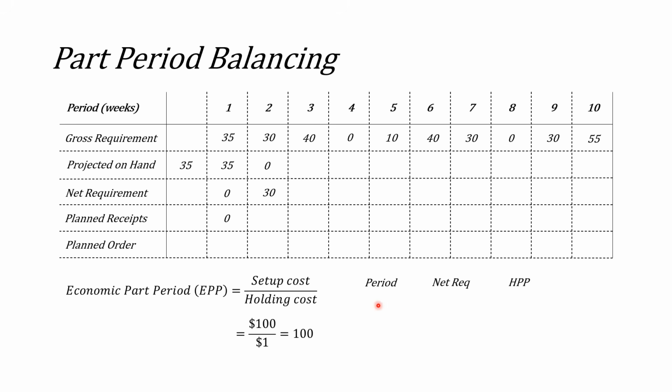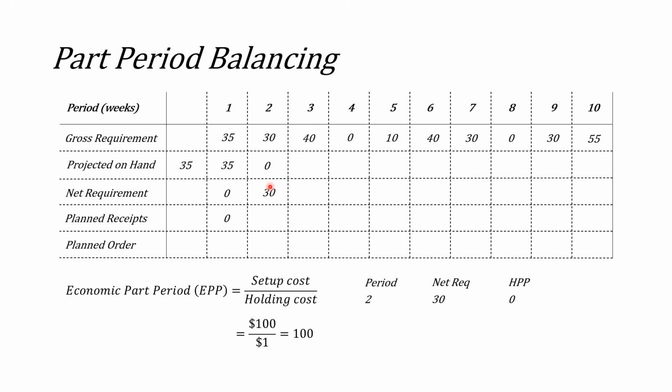In this case we have a net requirement of 30 units in week 2. If we just order enough for week 2, then our net requirement is just 30 units, and our holding part period is going to be 0, because we don't have to hold any inventory.